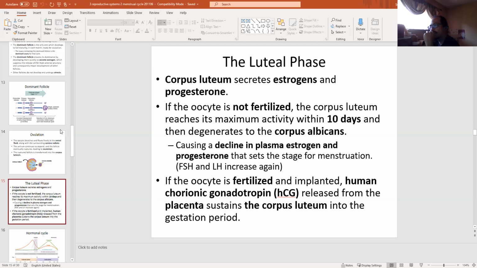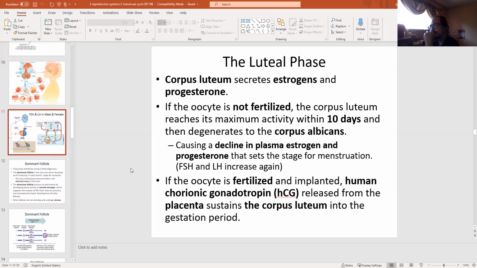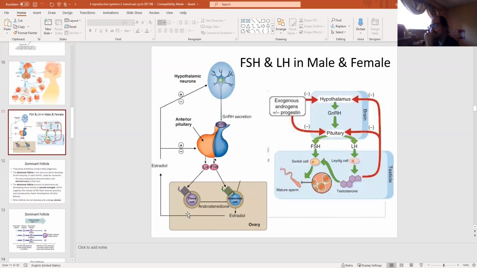When estrogen and progesterone are reduced, there will be less negative feedback. The hypothalamus and the pituitary will be free to release GnRH, LH, and FSH. So they can increase again, and that will stimulate another batch of follicles to develop.